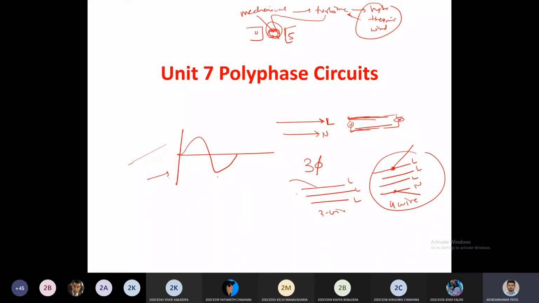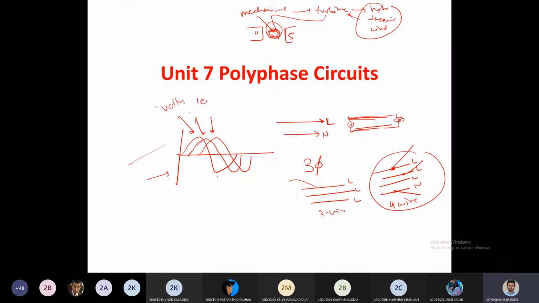If I take the waveform of another line to neutral, I'll get a different waveform that would be partially ahead of this or behind this, and the third wave would look something like this. So this is a three-phase system where you have three different voltage or current waveforms, leading and lagging behind each other by some phase angles.